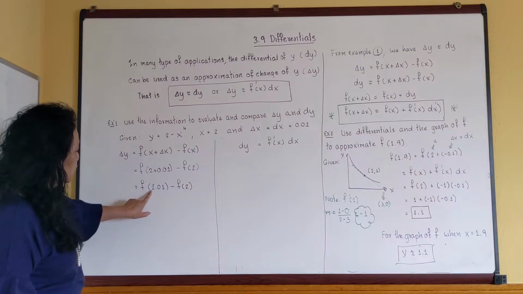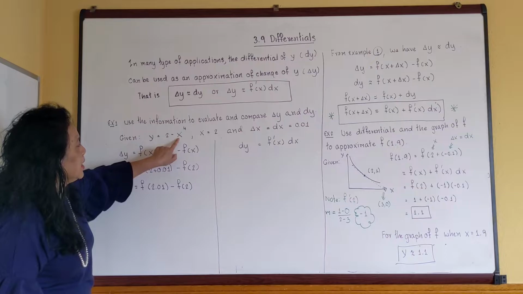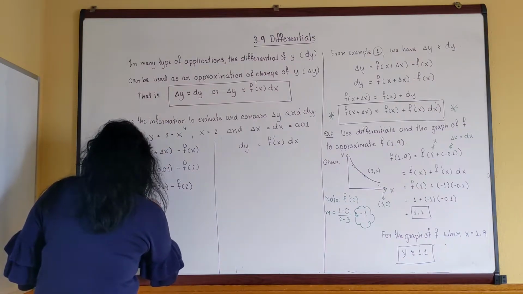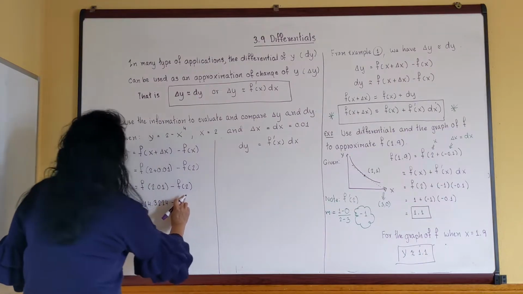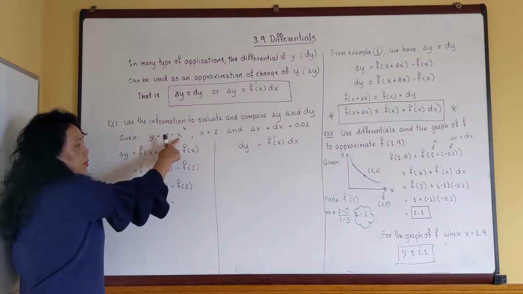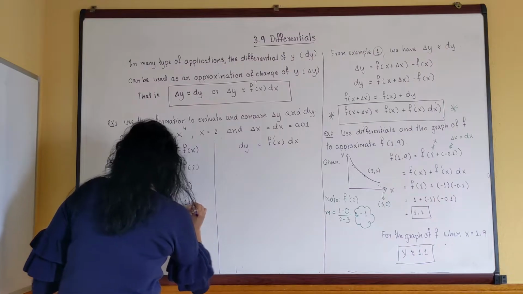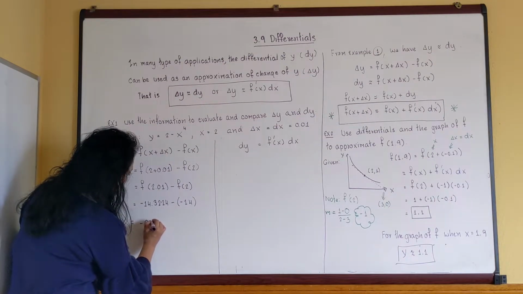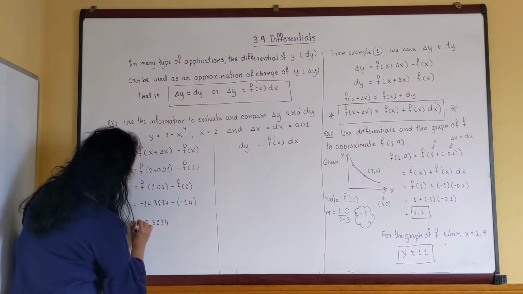So for f of 2.01, I'm going to replace x with 2.01 in here, and the number that I get is negative 14.3224. Minus f of 2, you replace the 2 in here, you're going to have negative 14. And if you subtract them, you're going to have negative 0.3224.